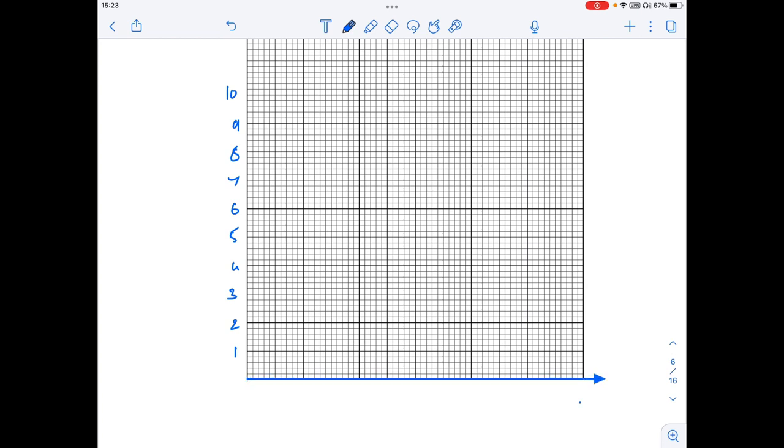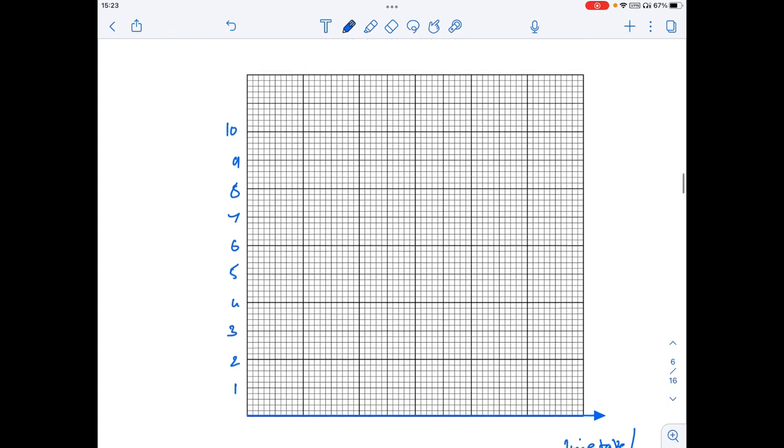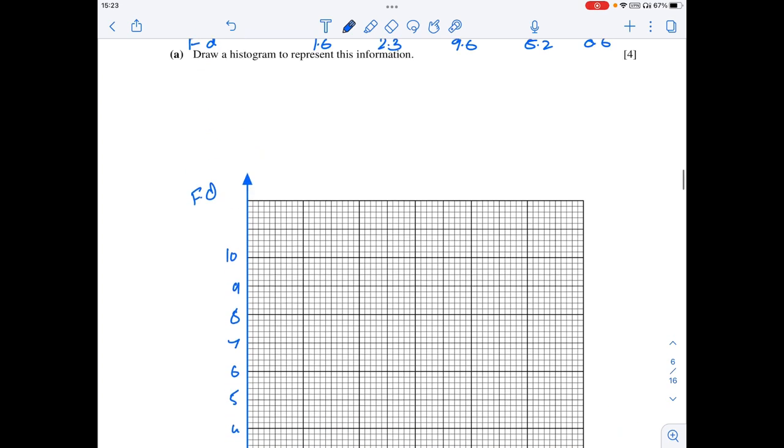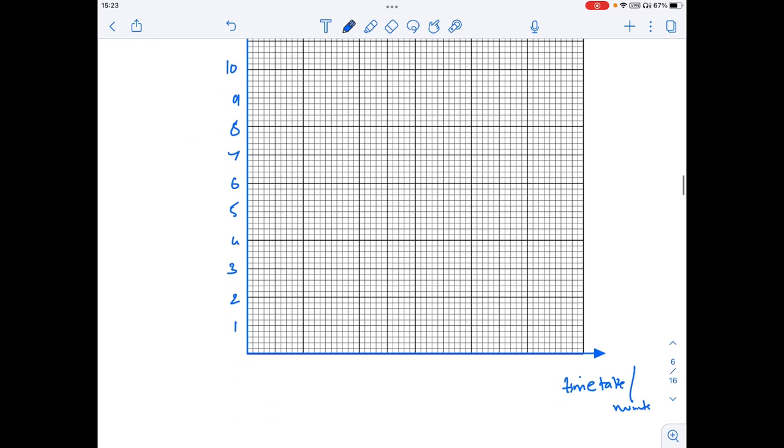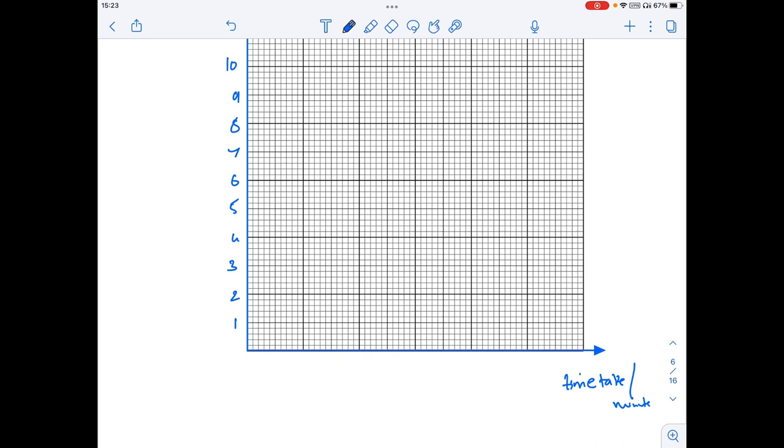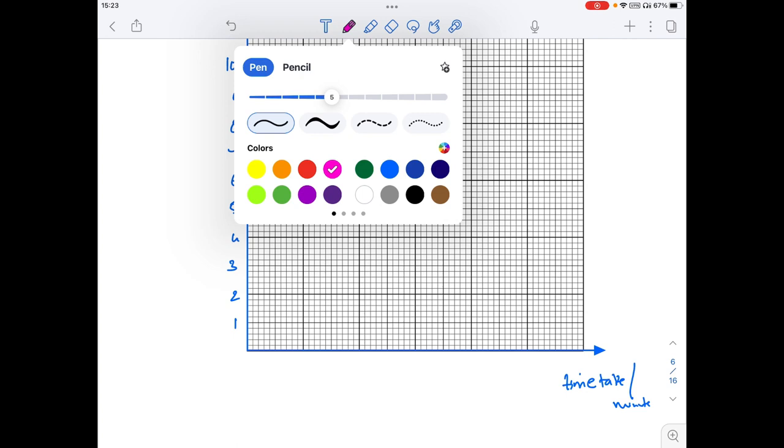This is frequency density, and this is time taken in minutes.